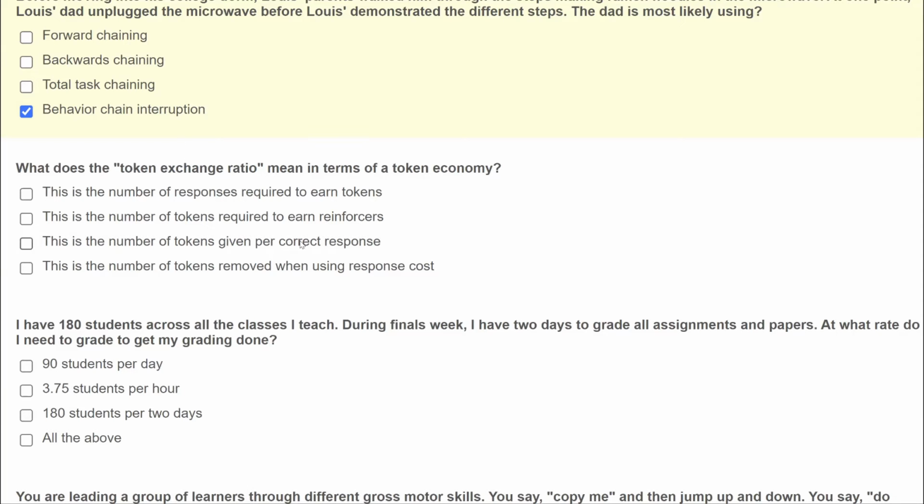The token exchange ratio says, you must give me this many tokens to acquire this backup reinforcer. And if you have a lot of different backup reinforcers, each one might have different values, changing that ratio. But the token exchange ratio simply states this is the number of tokens required to earn these reinforcers.